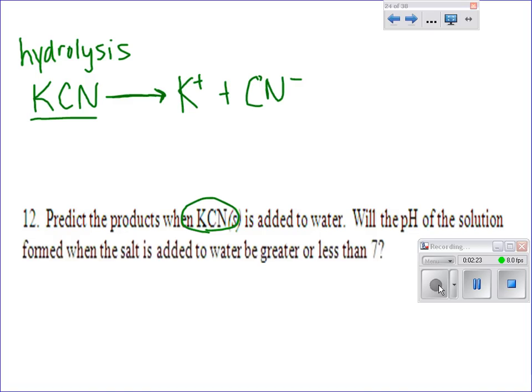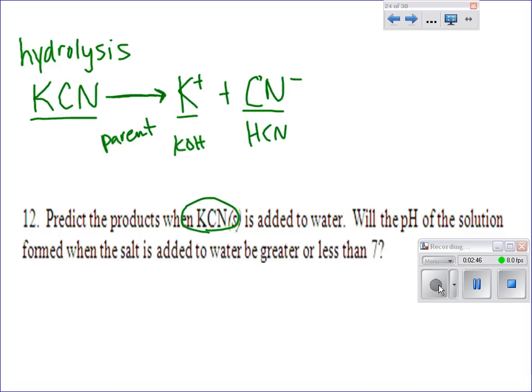Salt and water. So every salt has what I call parents. One of these ions is from an acid and one's from a base. Where do you think the K+ came from? KOH. And where did CN- come from? HCN. So those are the parents.